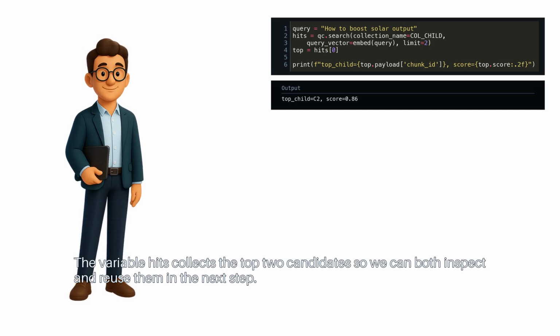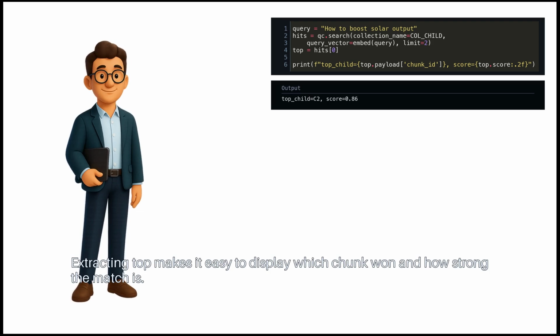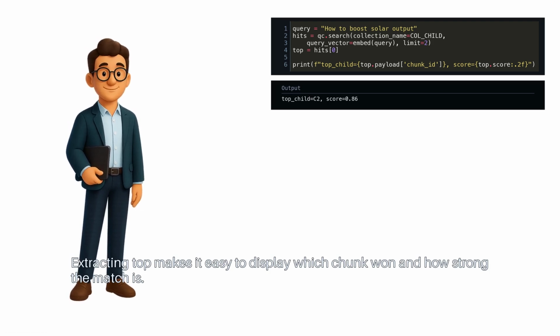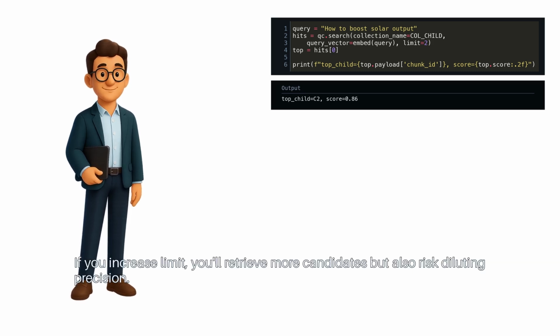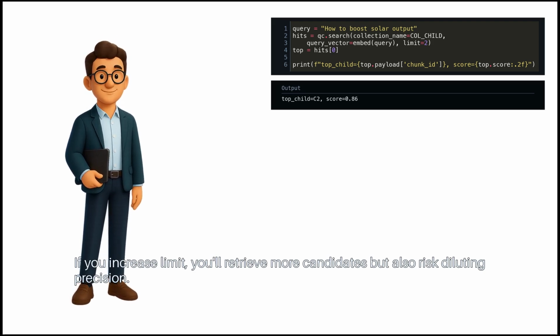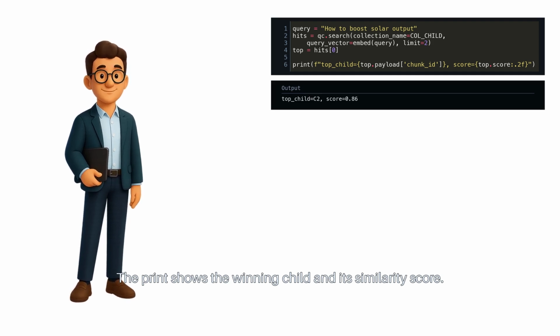The variable hits collects the top two candidates so we can both inspect and reuse them in the next step. Extracting top makes it easy to display which chunk won and how strong the match is. If you increase limit, you'll retrieve more candidates, but also risk diluting precision. The print shows the winning child and its similarity score.